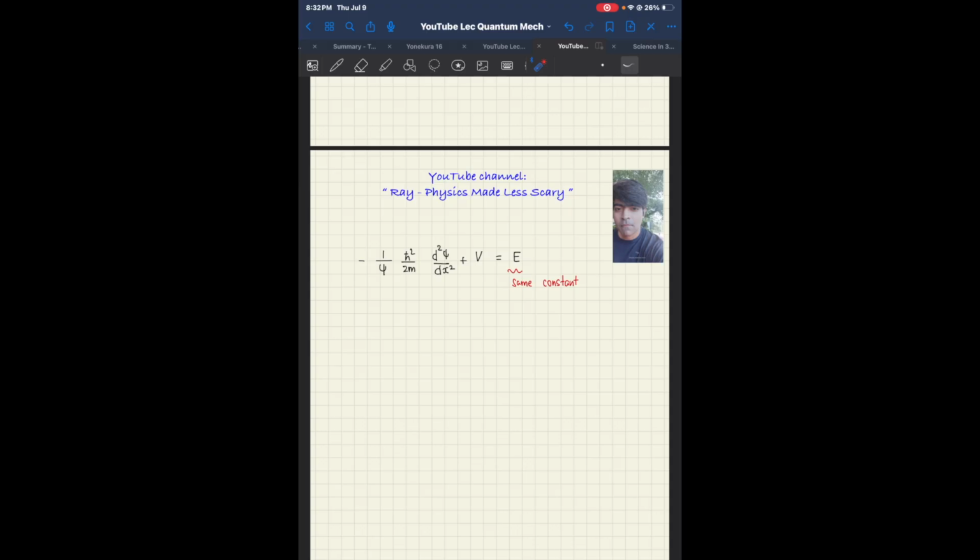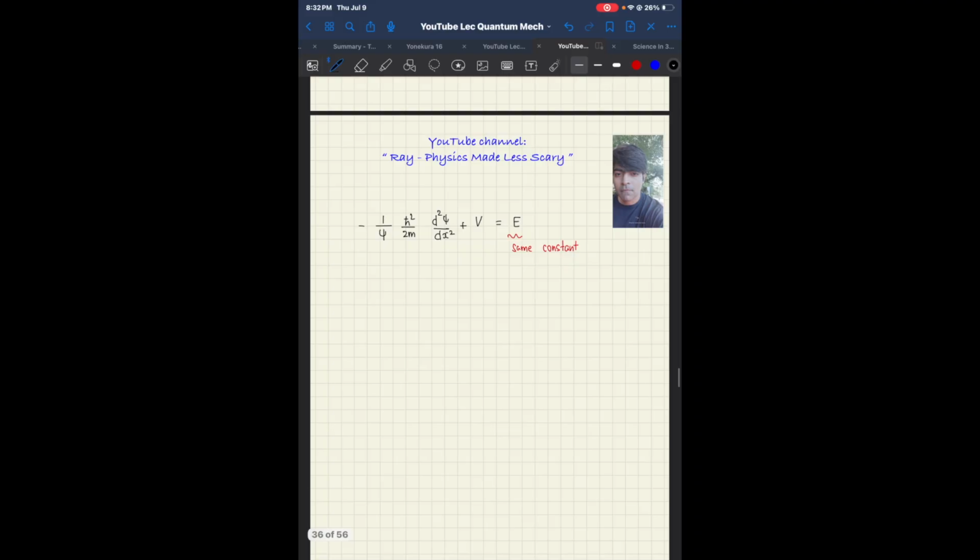So now we are done, and this equation reduces to a very, very famous equation. Probably the most famous equation in this course.